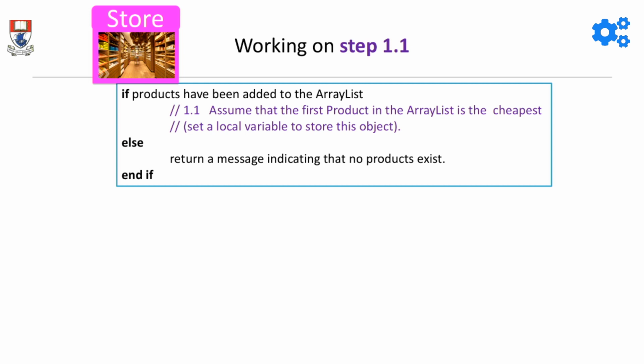Assume that the first product in the array list is the cheapest, and I have in brackets here, set a local variable to store this object. Okay, so we're inside the true part of the if branch, and inside that branch what we want you to do is to set a local variable to store the first object in the array list of products.